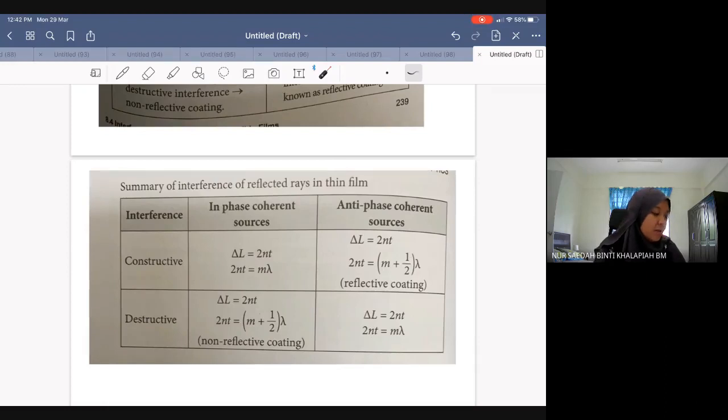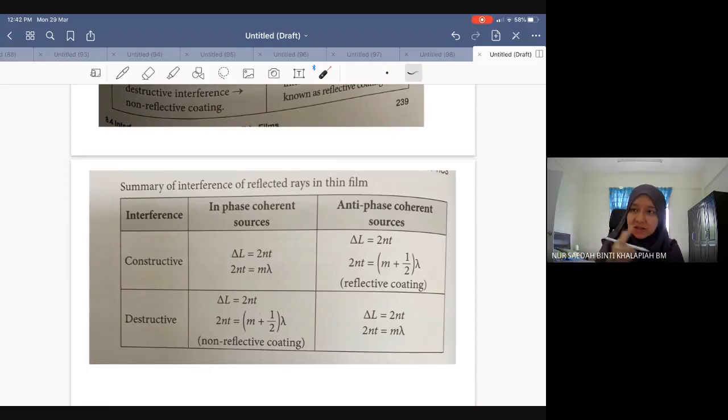Kedua, describe with the aid of diagram. So kena lukis diagram thin film kita, apa first medium apa, second medium apa, third medium apa. Second medium mestilah thin film kita. Okay, so kena tahu lukis aid of diagram of thin film and describe macam mana berlakunya reflection dua ray tu lah.